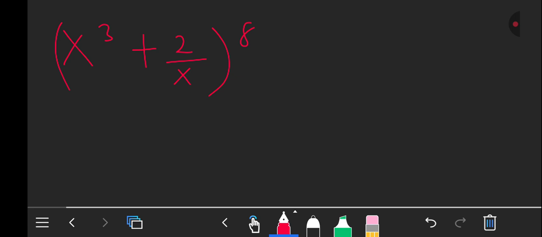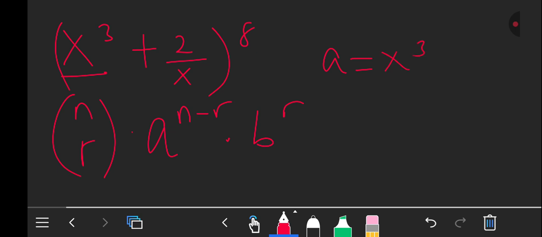So you use the formula n combination r, then multiplied by a raised to the power n minus r, then multiplied by b raised to the power r. Let's evaluate something which we have in this kind of an expression. So we have a. Our a is just the first term, which is x to the power 3. We have our b. Our b is the second term, which is 2 over x.